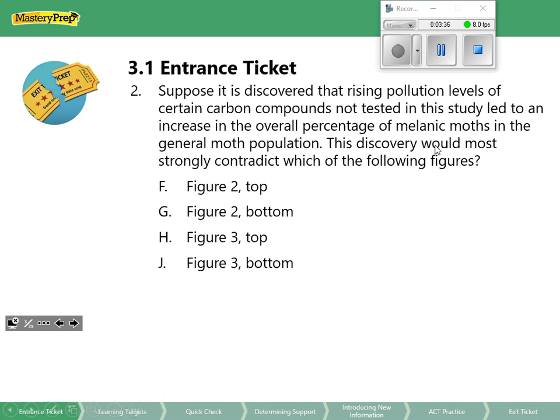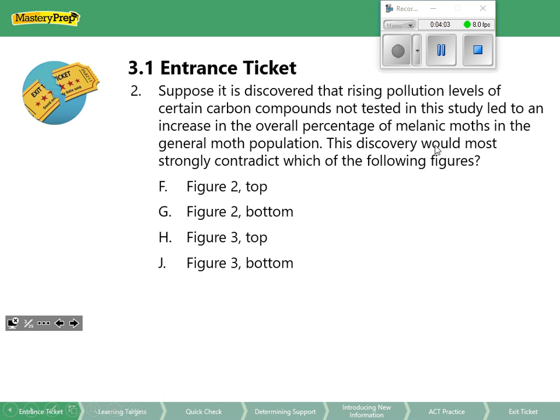Question number 2. Suppose it is discovered that rising population pollution levels of certain carbon compounds not tested in the study led to an increase in the overall percentage of melanic moths in the general moth population. This discovery most strongly contradicts which of the following figures? So what are we saying? That the population would be going up, yes?